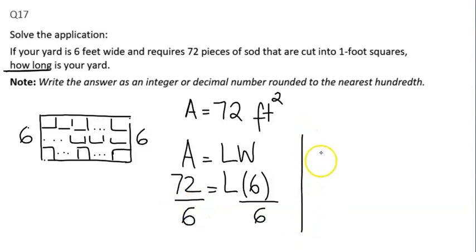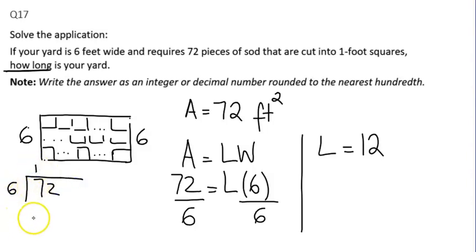So the length of my yard is 72 divided by 6, and this is 12. When I make this division, 72 divided by 6: 6 goes into 7 once. Subtract, go down the 2. I have 12, and then 0. Okay, so 12 is the length.